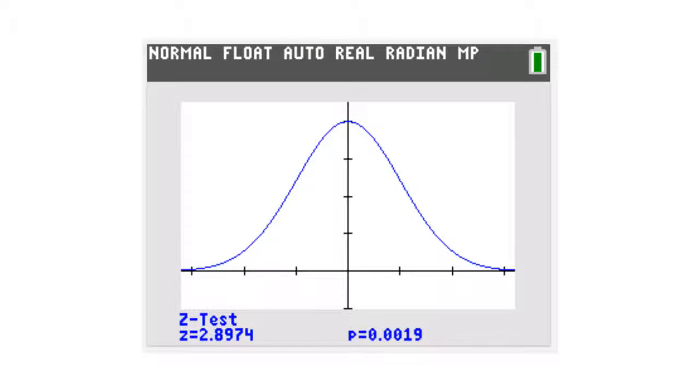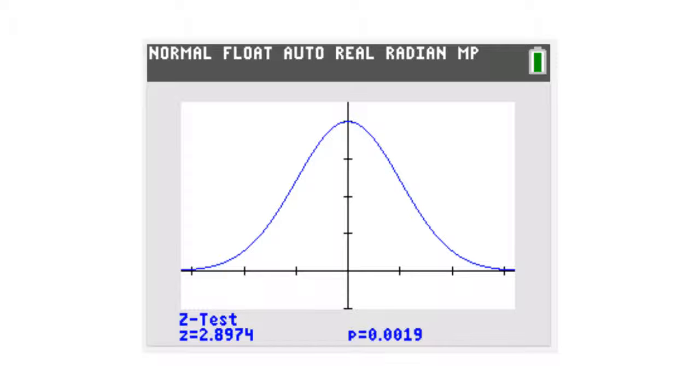And here are the results that we get when we use our graphing calculator to find our test results. Now here we have our normal distribution. We really can't see it on this picture because look how tiny our p-value is. Our p-value is 0.0019. That's a tiny number.